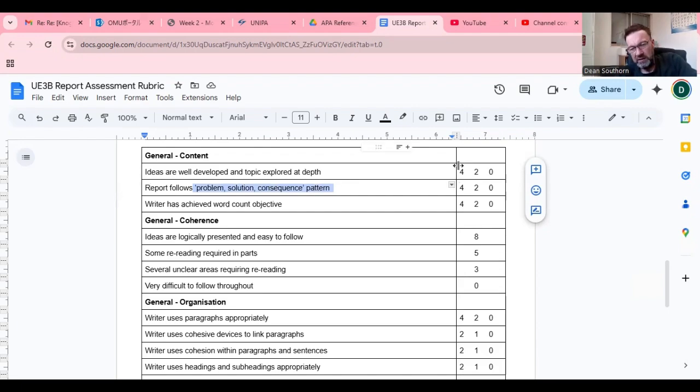These are critical, or more critical, so they carry slightly more points. Ideas are well developed and the topic explored at depth. So if you have achieved the word count of 800 words or more or less, then you should have enough space to develop in sufficient depth.